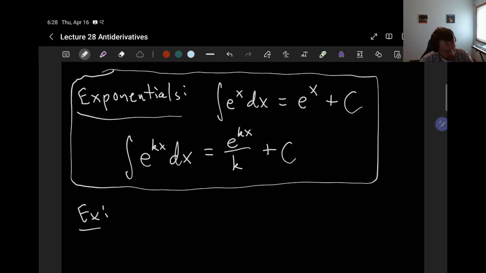Quick example. Finding the indefinite integral of 9e to the 3t dt. So I'm using a new variable now, but it doesn't really matter as long as I'm consistent calling this t.